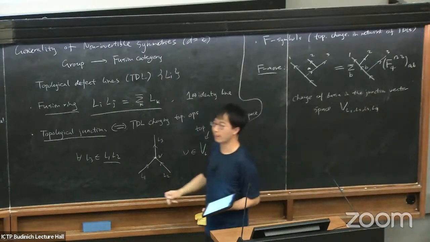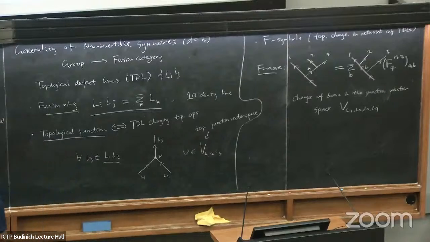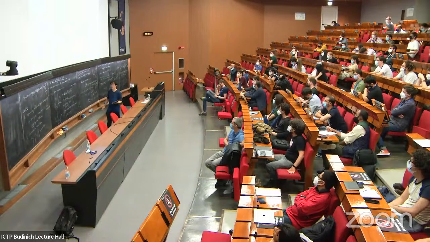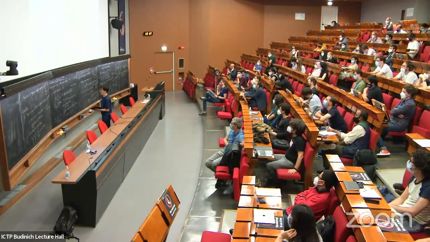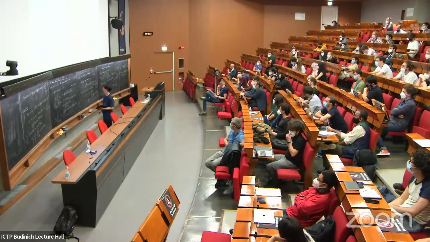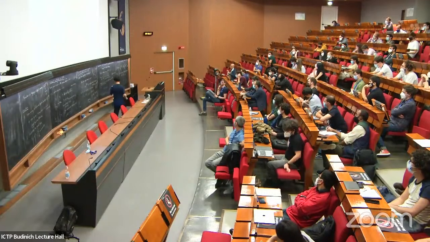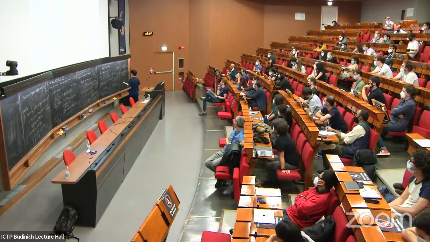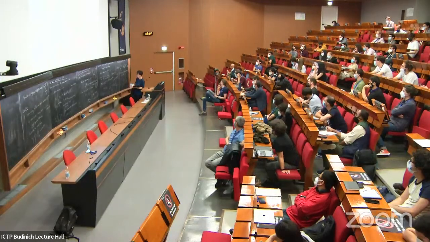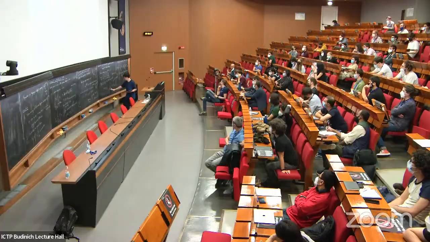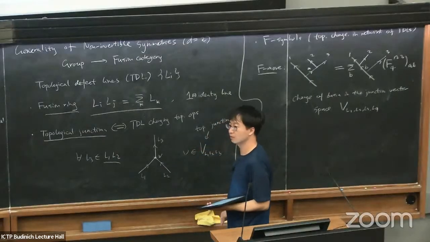Right. This question? Can you comment a bit about the operational change of this arrow? Because in the first picture you draw, in the vertex you have 2 ingoing and 1 outgoing, but in the other diagram you have 2 outgoing and 1 ingoing. Sorry, which picture? Yeah, how important is it, the 2 ingoing and 1 outgoing?